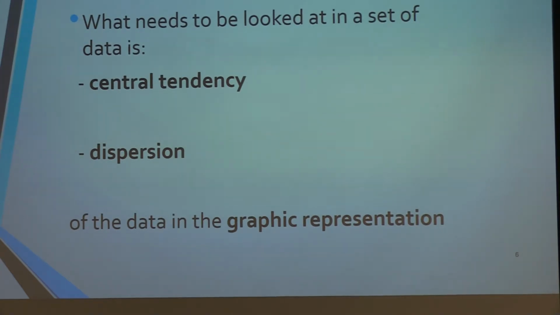Now let's come back and focus on the histogram. Remember the 69 and the 70, this kind of information, because if we do an experiment, usually we're going to collect scores, numbers, right? Now what needs to be looked at in a data set is 2 types of information. Central tendency, do you understand? Central tendency, what does it mean?